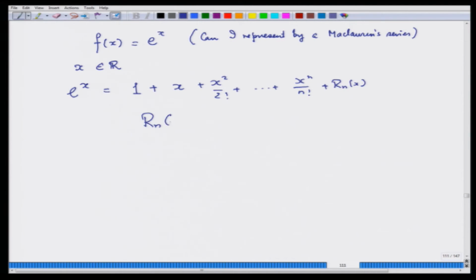R_n(x) is given as e to the power c, because the derivative of e^x is always e^x, e to the power c divided by (n plus 1) factorial into x to the power n plus 1.